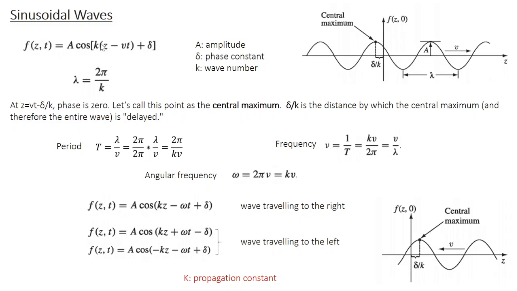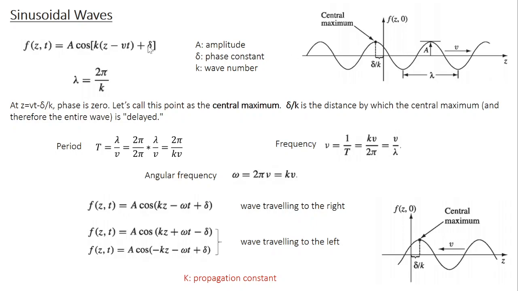So in this expression, instead of z, you can plug in this value. You find that the phase term becomes 0 at this point. So cos 0 equal to 1. So at this point, the displacement attains the maximum value, which is the amplitude A. So this point is known as the central maximum point.